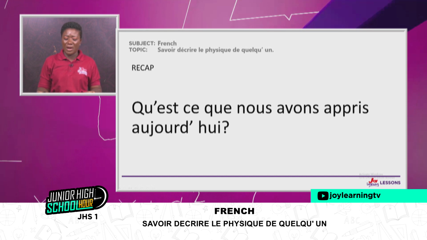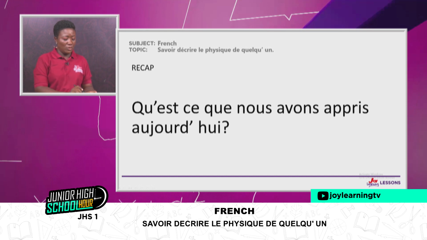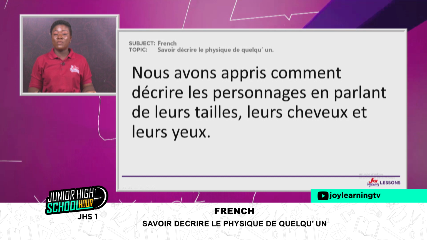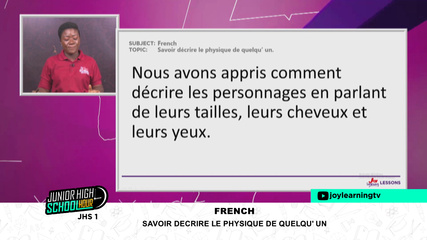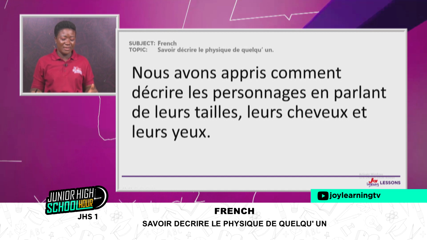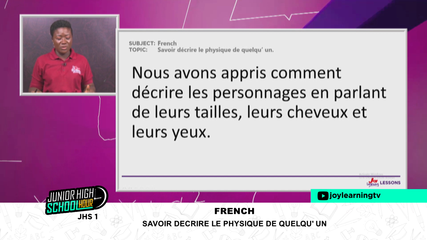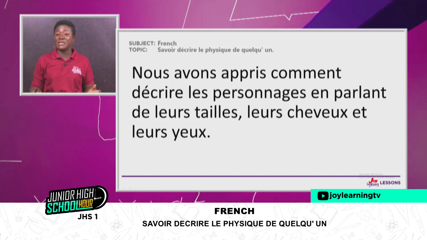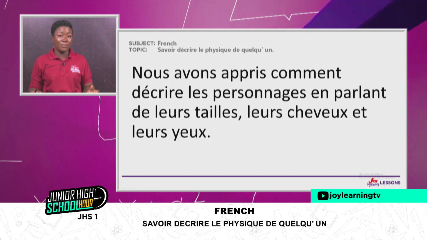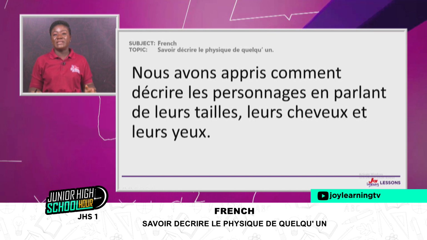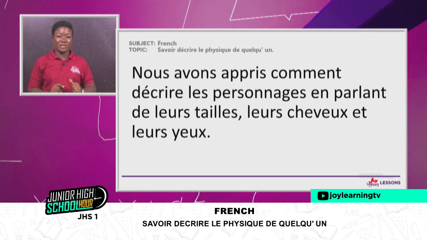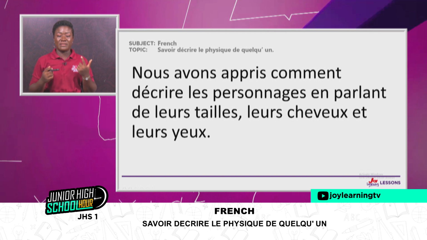Qu'est-ce que nous avons appris aujourd'hui? Aujourd'hui, nous avons appris comment décrire les personnages en parlant de leur taille, leurs cheveux et leurs yeux. So we have looked at how to describe people when we take into consideration their physical body structure, their hair, and then their eyes.